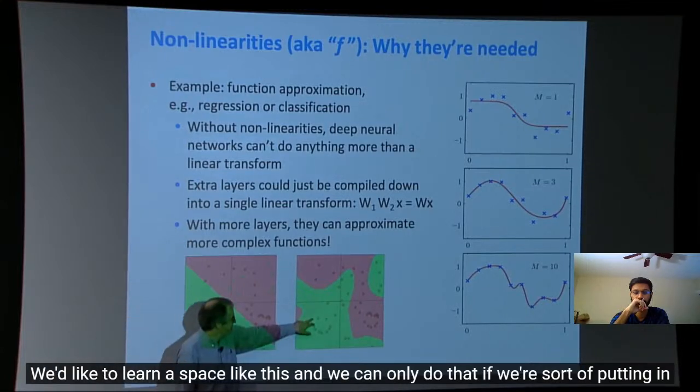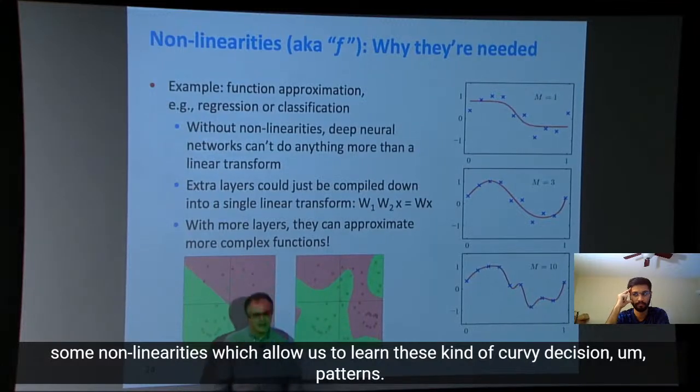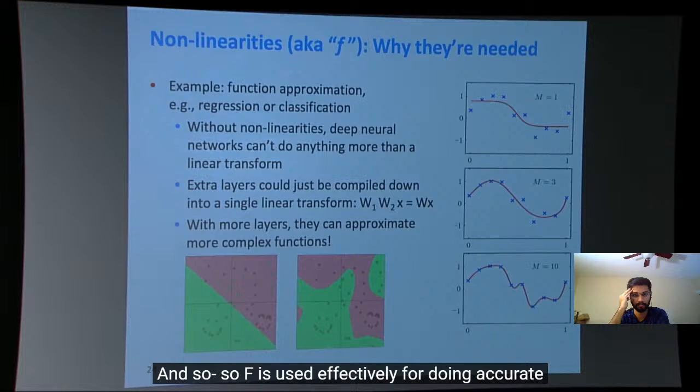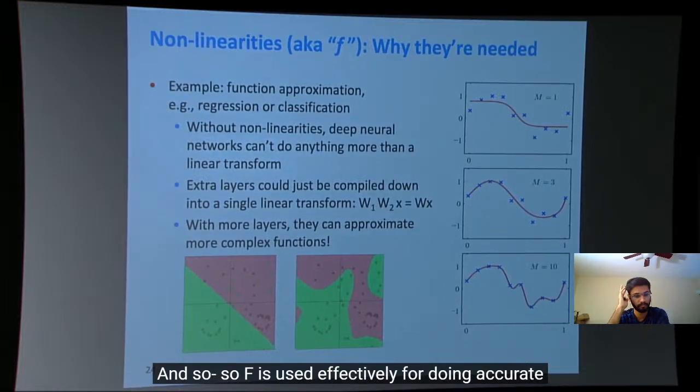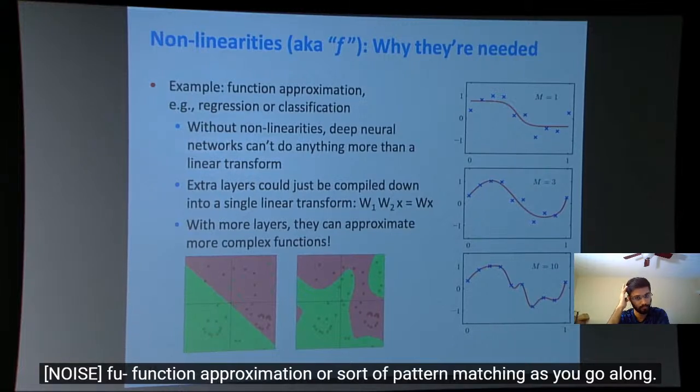We'd like to learn a space like this, and we can only do that if we put in some nonlinearities which allow us to learn these kinds of curvy decision patterns. And so f is used effectively for doing accurate function approximation or pattern matching as you go along.